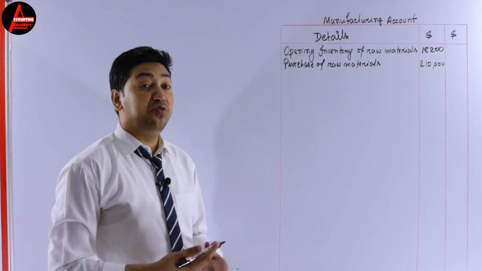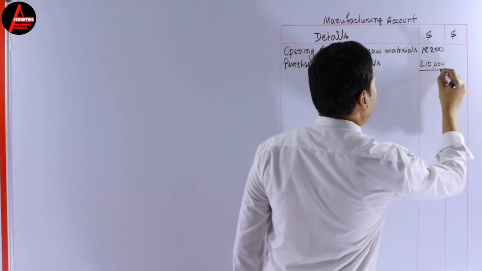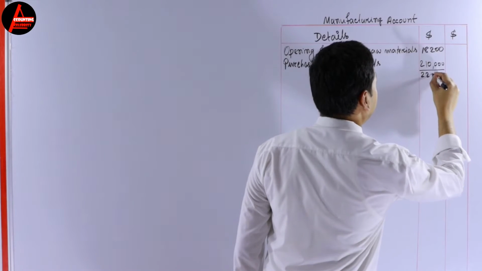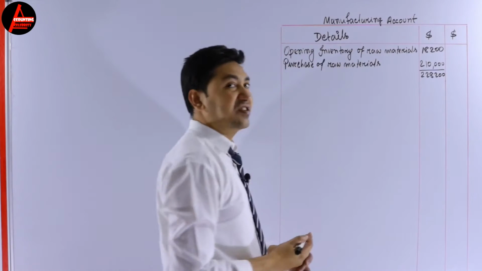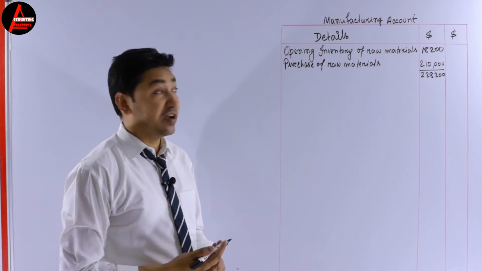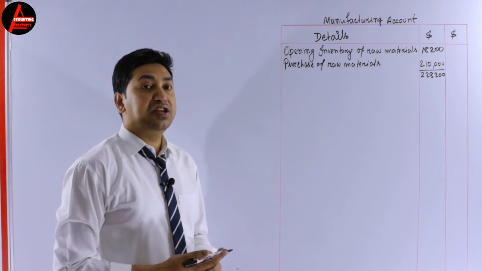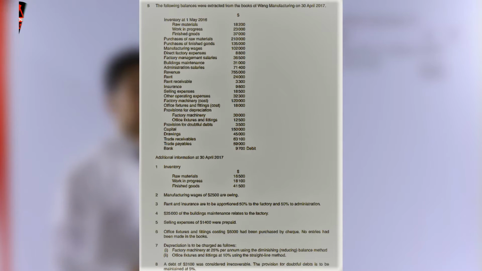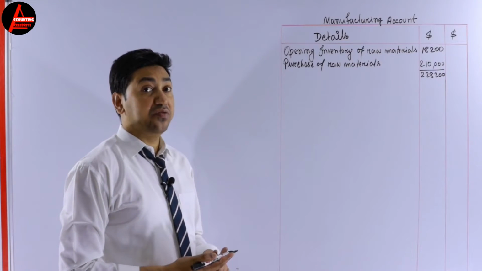Okay, now we will add these two values. If we add, it is $228,200. Then we have to subtract the closing inventory of raw materials. Look at the additional information at the end of the question. Number 1, inventory: raw materials are 16,500, work in progress 18,100 and finished goods 41,500.